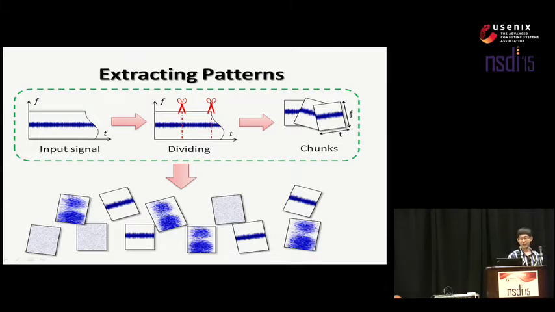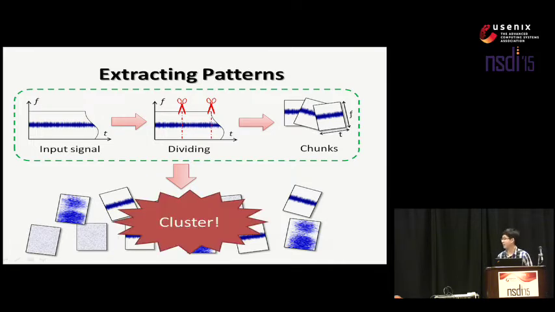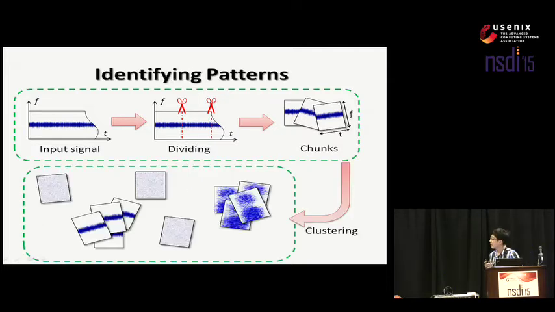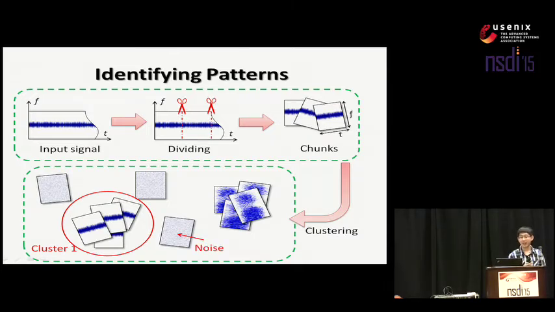This is a machine learning problem that can be solved by running a clustering algorithm on it. If we cluster them, the chunks that actually have signals will be clustered together, and the noise will be scattered. And if there is a different type of signal, it will be clustered into a different cluster.